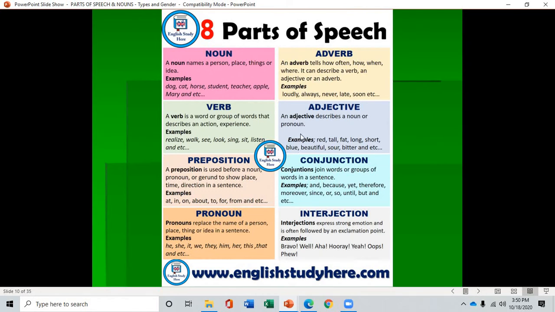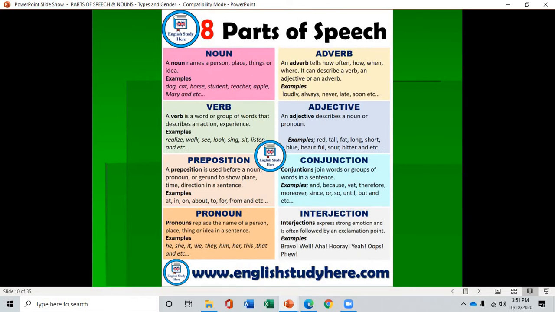Next is preposition. By the way, I got this information from EnglishStudyHere.com. A preposition is used before a noun, pronoun, or gerund to show place. Ito yung mga function ng preposition. So, the functions are to show place, time, direction in a sentence.